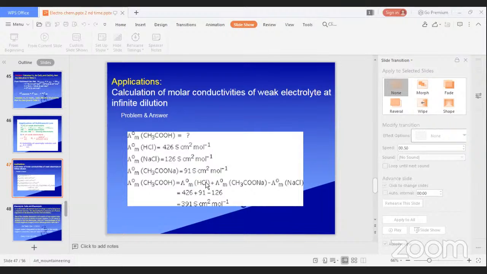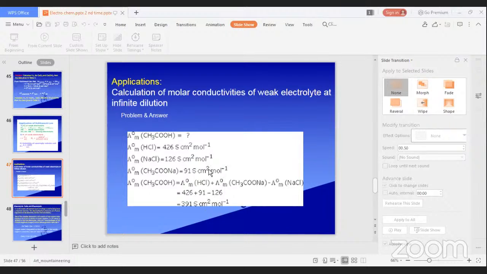Then by substituting these three values: what is the value given for HCl? Lambda naught of HCl is 426 Siemens centimeter square mole inverse. These are the units. Next, we have to substitute these three values in this equation. 426 corresponds to HCl, and for sodium acetate, how much value is given here? 91.